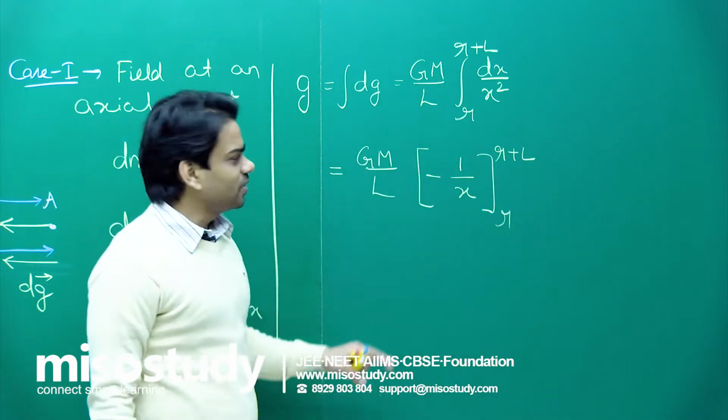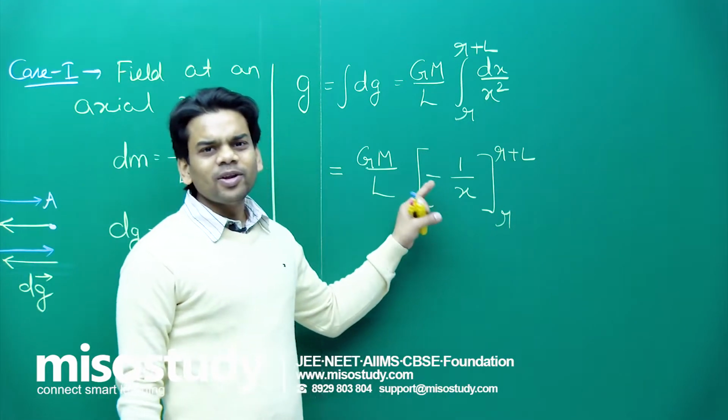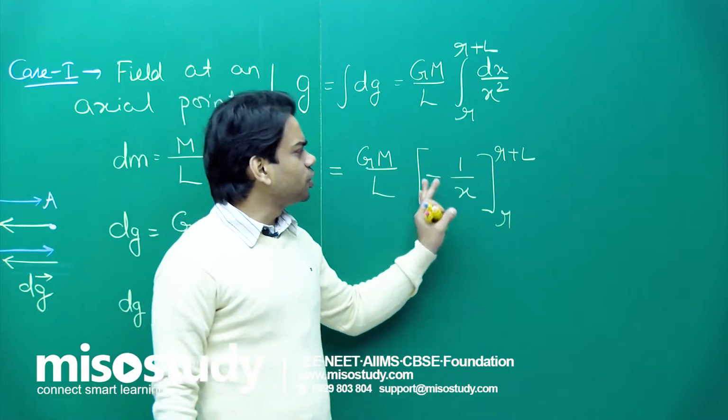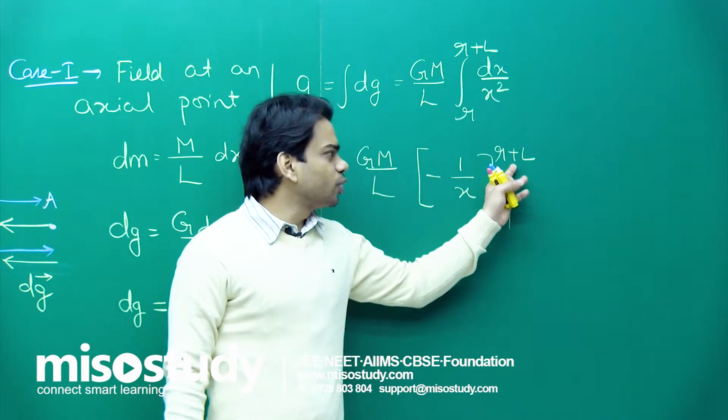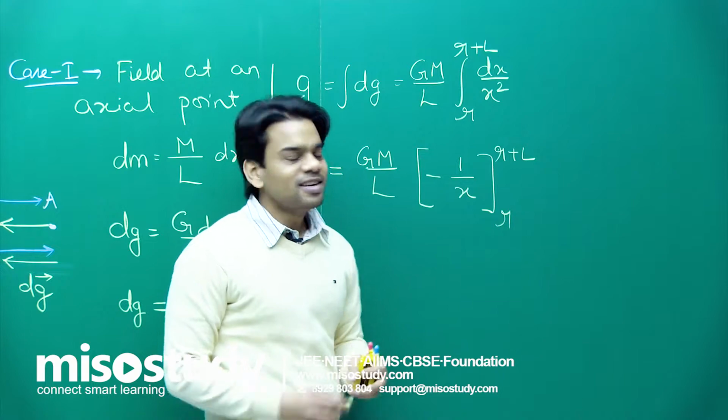So we obtain the limits. We have a minus sign here. Whenever you have a minus sign in the definite integral, you can substitute the lower limit first and then subtract by substituting the value of the upper limit next. So what are we going to get?